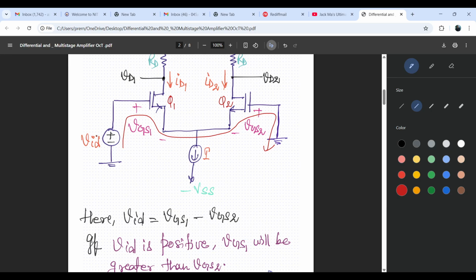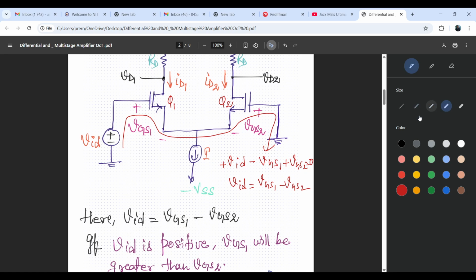We can write plus VID minus VGS1 plus VGS2 equals 0. So the VID value will be simply VGS1 minus VGS2, as I have already written.